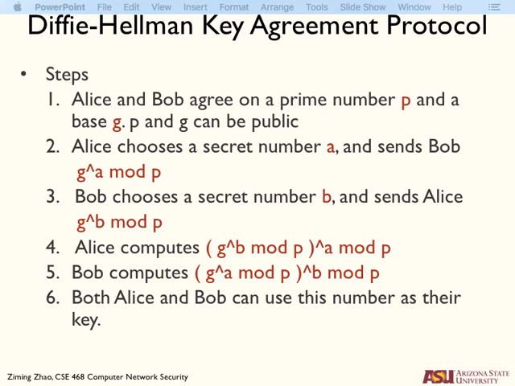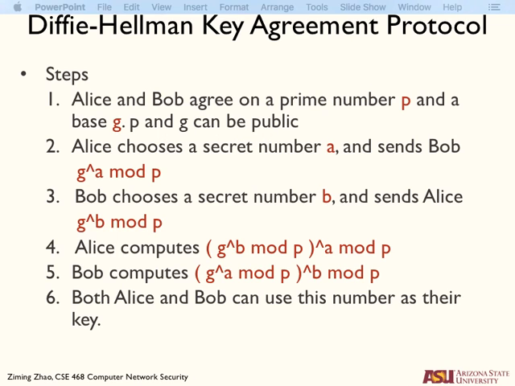And Bob will do the same thing. He will choose a secret number B and send Alice G to the B-th power modulo P. And this part is what Bob gets from Alice, and this number is what Alice gets from Bob. Then after Alice receives the message from Bob, she will do this operation again, the message to the A-th power, and then modulo P, and Bob does the same thing.